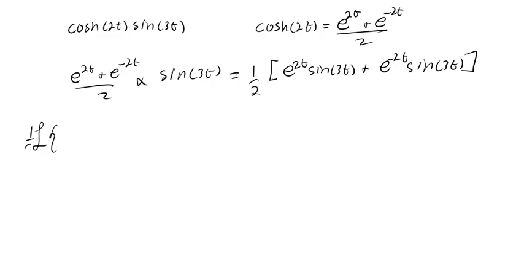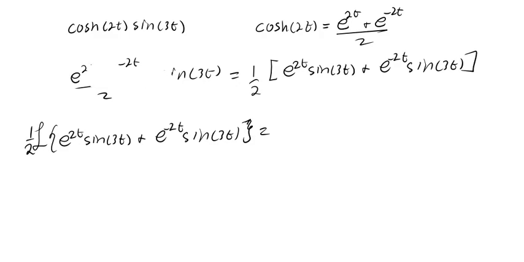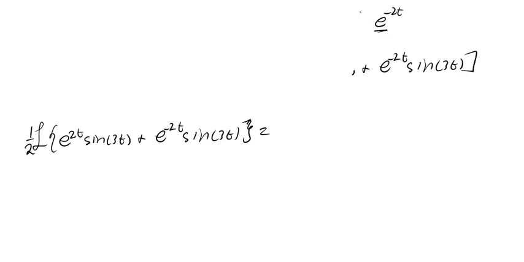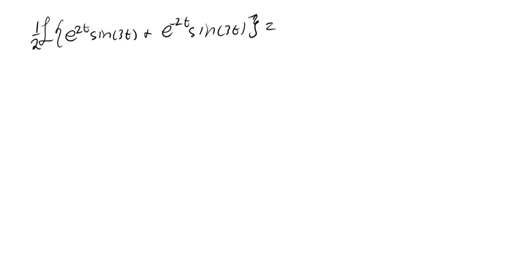If we are looking for the Laplace transform of this, allow me to put the 1 over 2 on the outside, and put everything on the inside. One thing you're able to observe is that this is similar to one of the theorems I was talking about, the frequency shifting or exponential scaling.